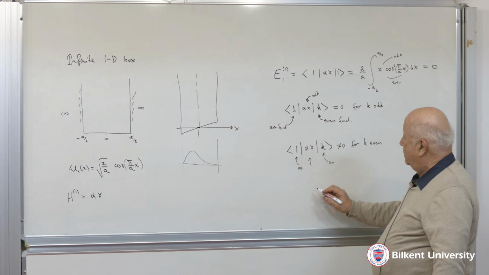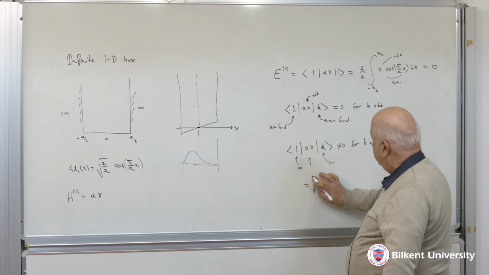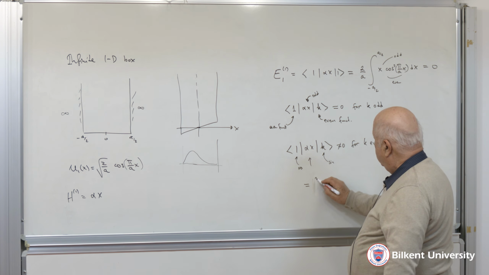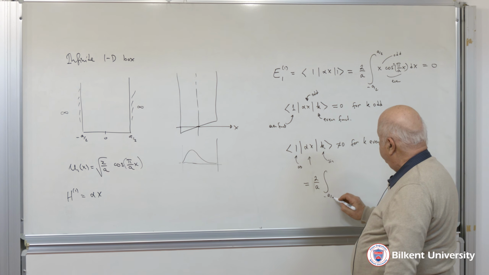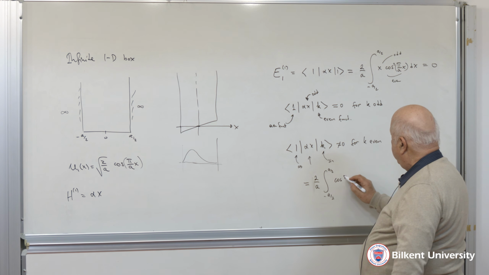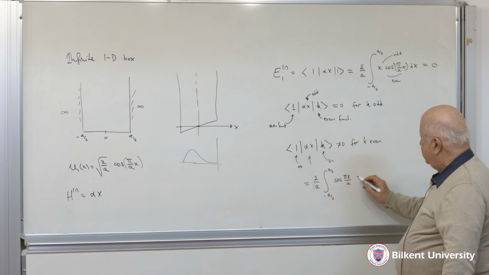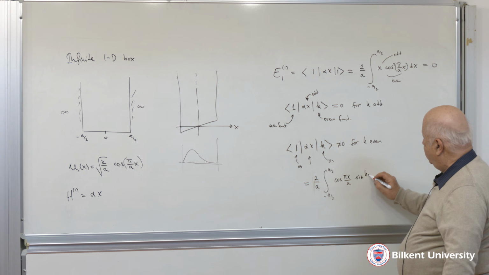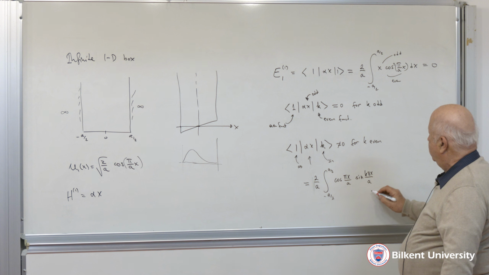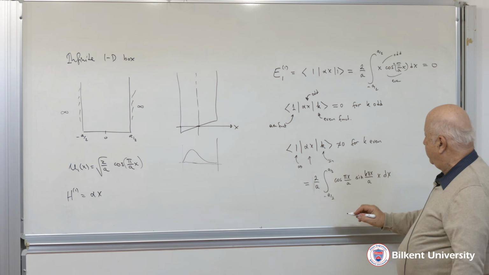So I'm going to get terms which look like, that's going to be equal to 2 over a, an integral from minus a over 2 to a over 2, cosine of 1 pi x over a times sine of k pi x over a, and then there's an x dx, and then alpha.